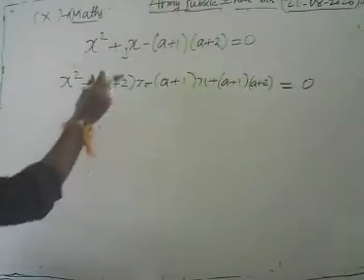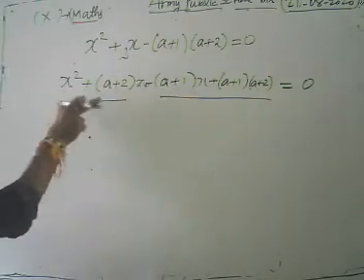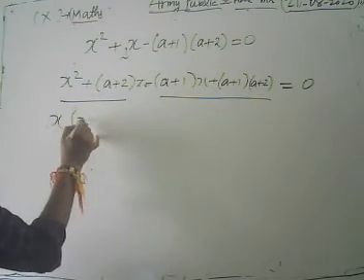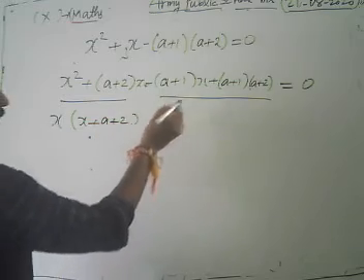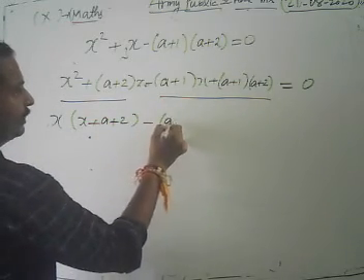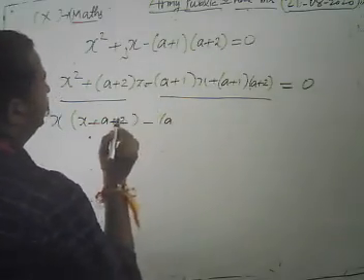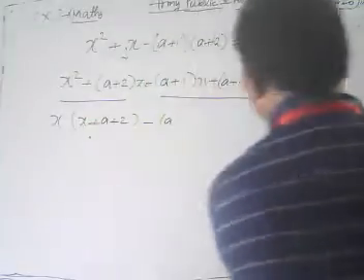Now we have split our middle term, so we have two pairs. In this pair, what are we going to take common? Yes, we take common x. When we take common x, we have x plus (a plus 2). In the other pair we are going to take common minus (a plus 1).